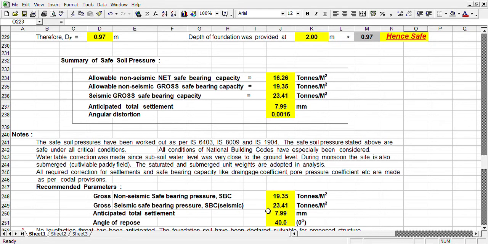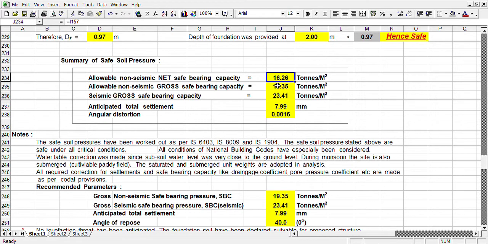But you see, during calculation of gross seismic bearing capacity, we have multiplied by 1.25 with this figure, that is, 25% we can increase for seismic.